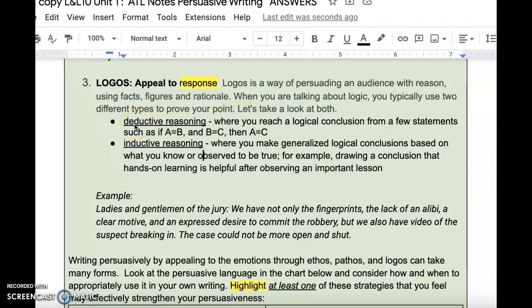The first type of reasoning is deductive reasoning, where you reach a logical conclusion from a few statements, such as if A equals B and B equals C, then A equals C. The next one is called inductive reasoning, where you make generalized logical conclusions based on what you know or observe to be true. For example, drawing a conclusion that hands-on learning is helpful after observing an important lesson.